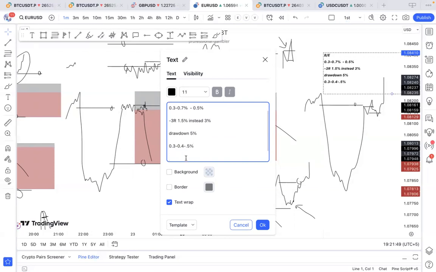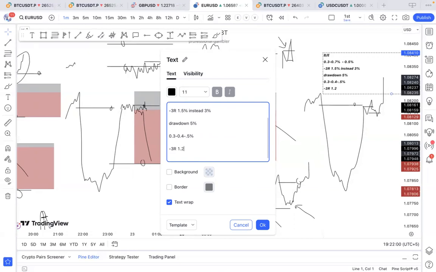So in case I lose another 3R, losing three in a row, that's maybe 1.2 percentage as a whole, right? But if I keep losing so many trades, then obviously there's something wrong with me, right?